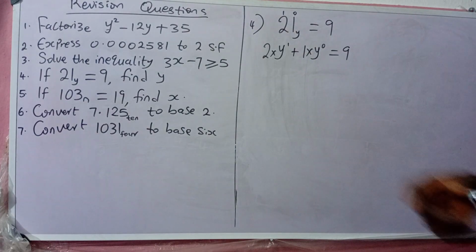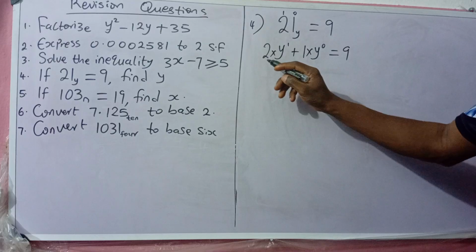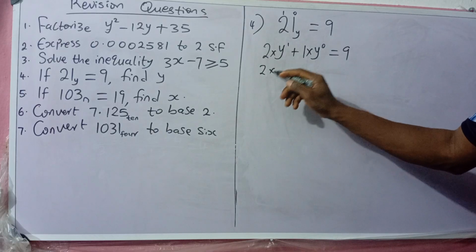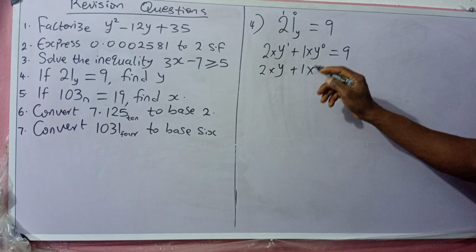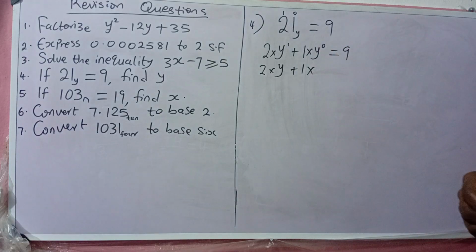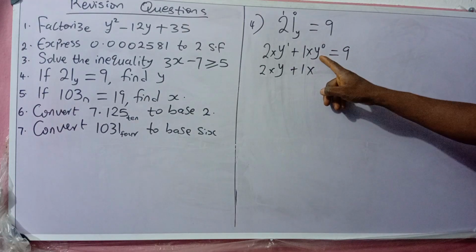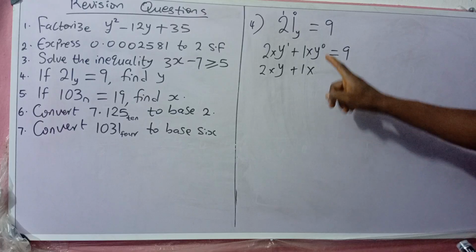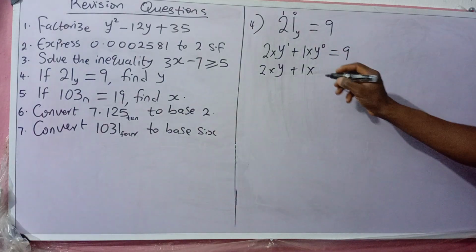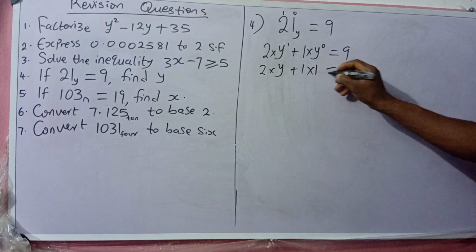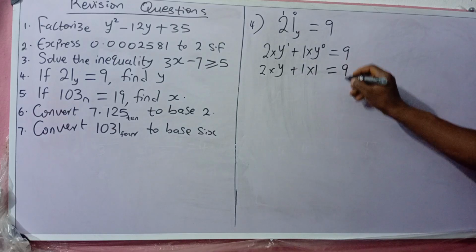So we have 2 multiplied by y raised to power 1, which is just y, plus 1 multiplied by y raised to power 0, which is 1. Anything raised to power 0 in mathematics and science is automatically equal to 1.